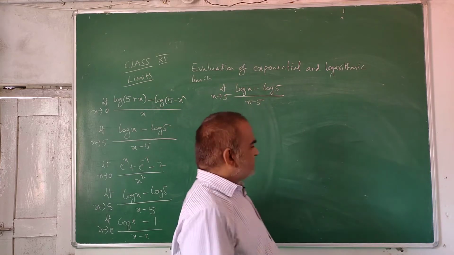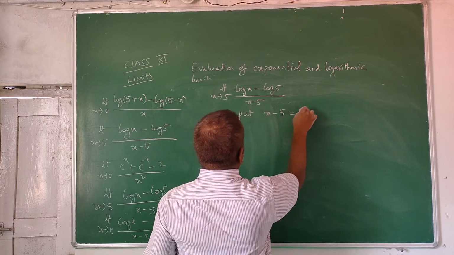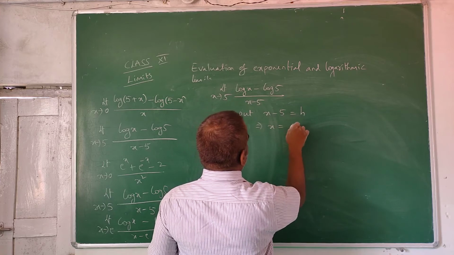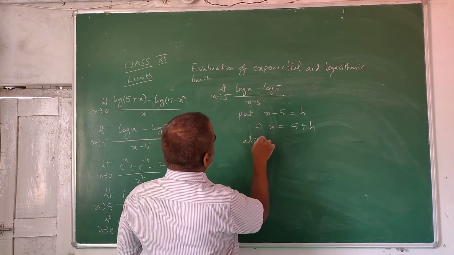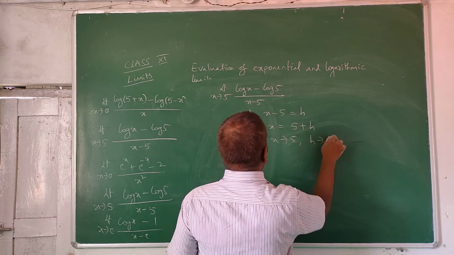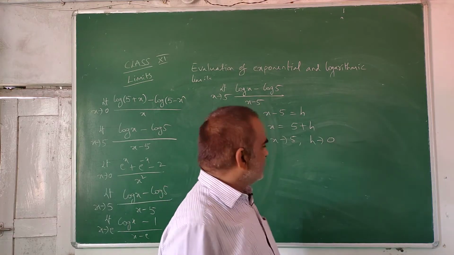So now here you put x minus 5 is equal to h, then it implies x is equal to 5 plus h, and also as x tends to 5 you can easily see that h tends to 0. Now I am applying change of variable method.